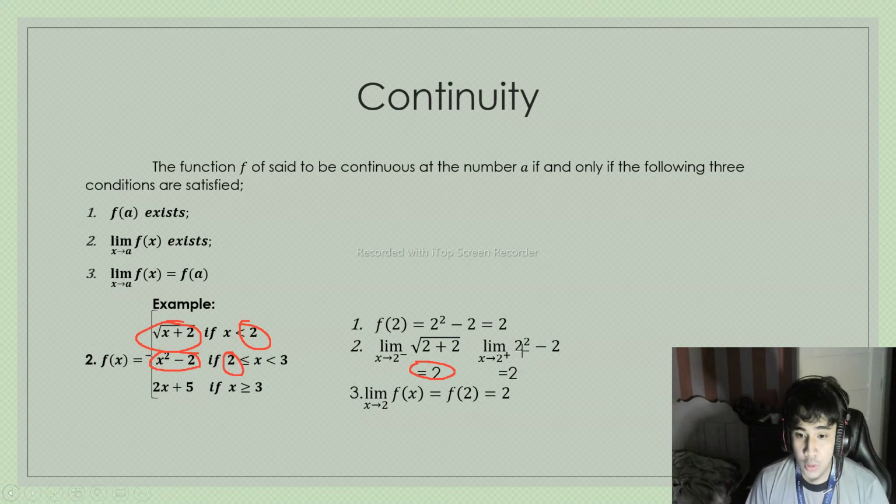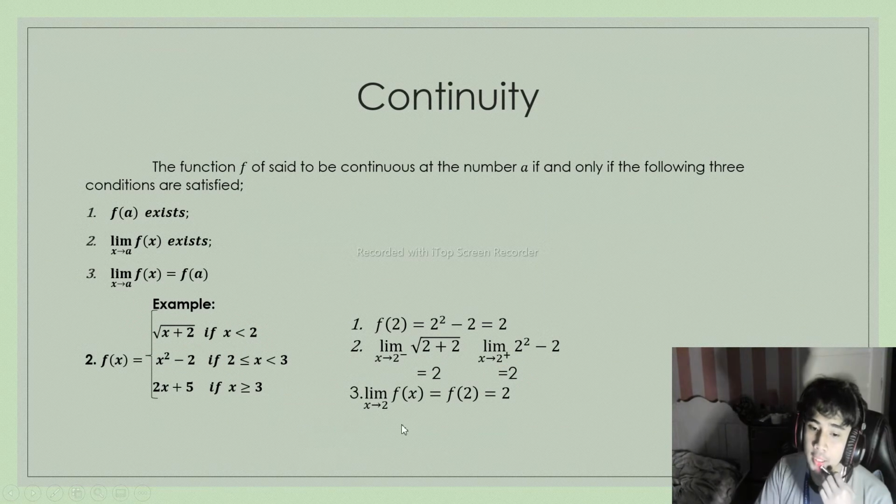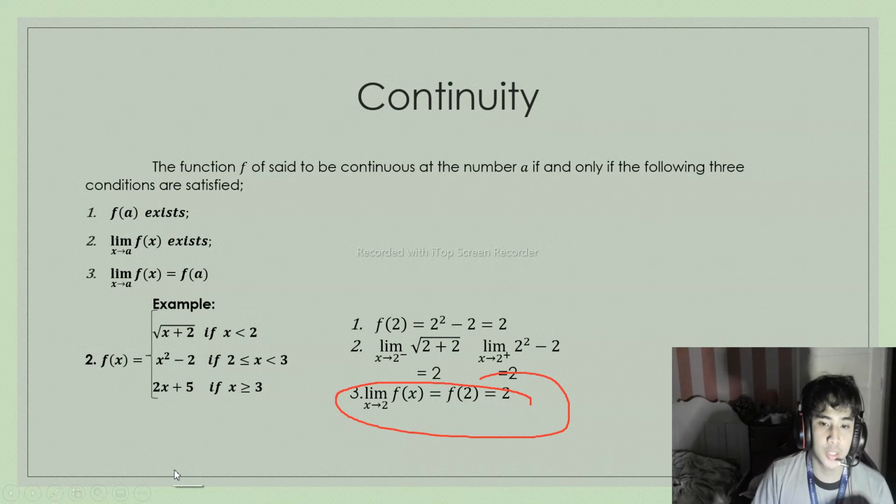So 2 squared minus 2, ganun din magiging sagot. 2 times 2, 2 squared, 4 minus 2 is equal to positive 2. Ayan. So, sa third step, observation na lang yung hahanapin natin. Ma-observe naman natin na lahat sila ay equal to 2. So, limit of f of x as x approaches 2 is equal to f of 2, which is indeed equal to 2. And our function is continuous.